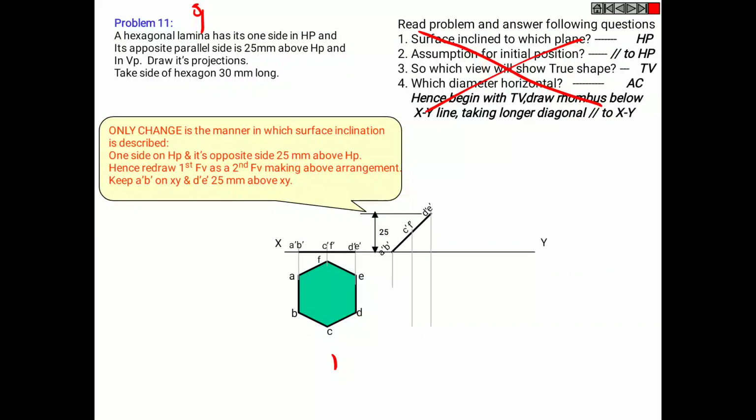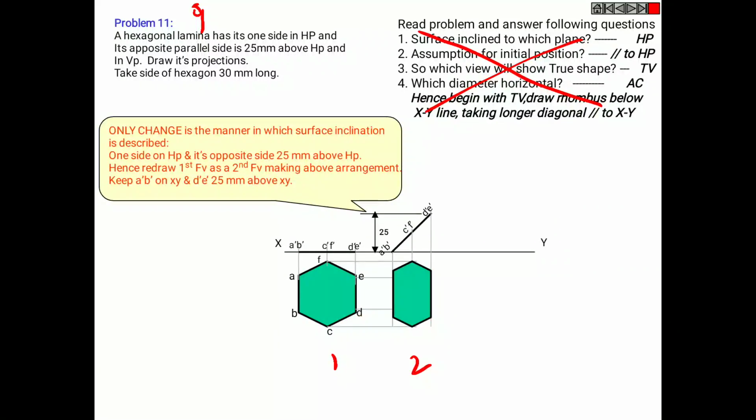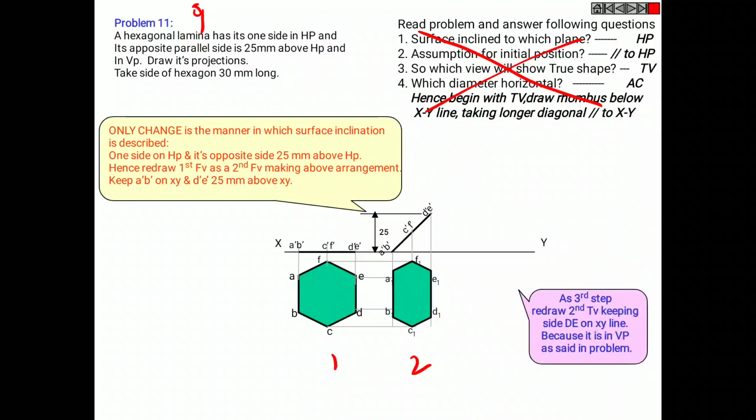So now take the projections from both VP and HP and mark the points and draw your required projection. This is your second stage. And again he's telling you, as the third step, redraw the second top view keeping side DE on XY line because it is in VP as said in the problem.